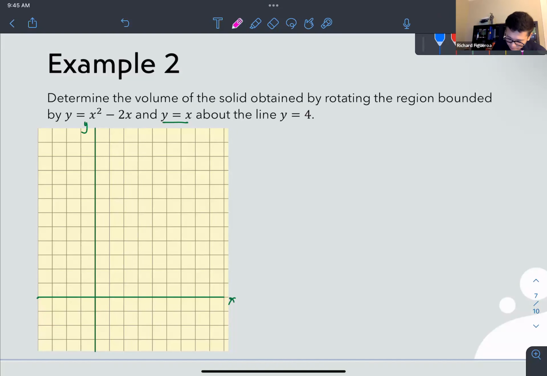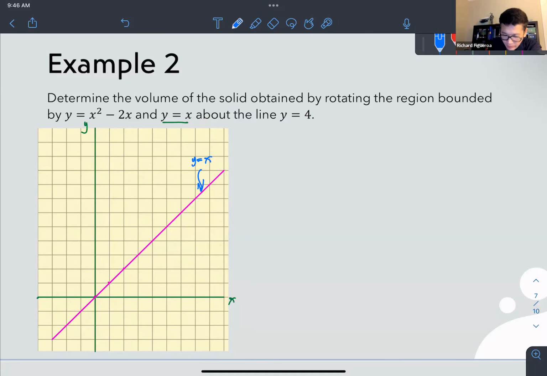So that's 0, 0. 1, 1. If 2, 2. So therefore, this is how it looks like. That is y is equals to x.